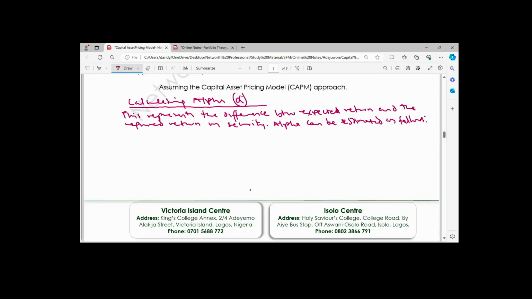Now, if you have to calculate alpha, the first thing you are going to do, let me even give the format first. I will then explain it. So to calculate alpha, you are going to create a column for companies in the portfolio. Say you have company A, B, then C. You are going to create a column for expected return.